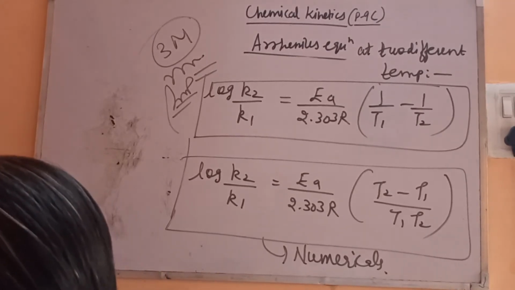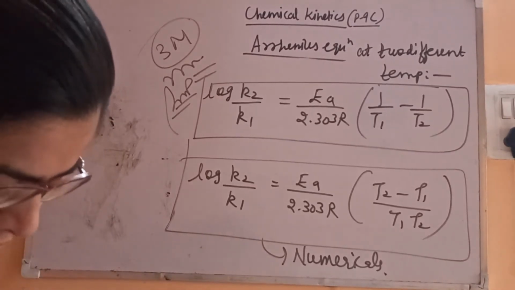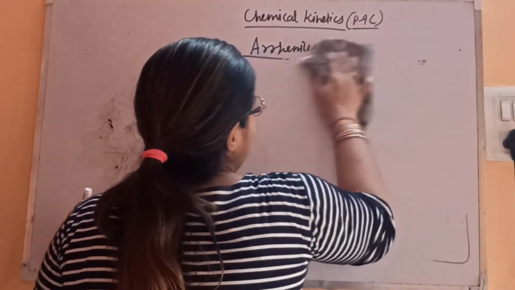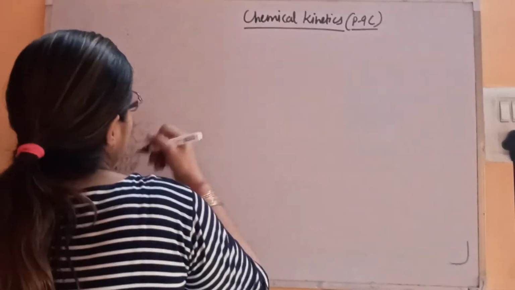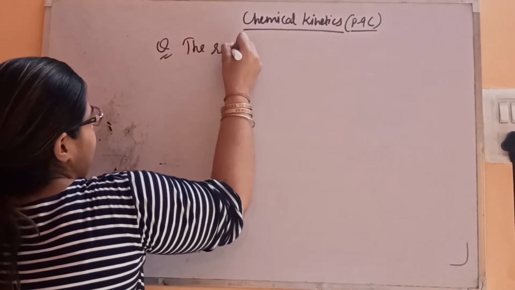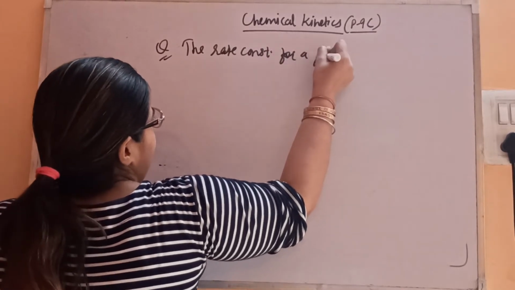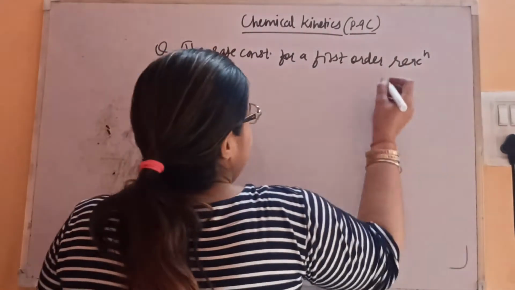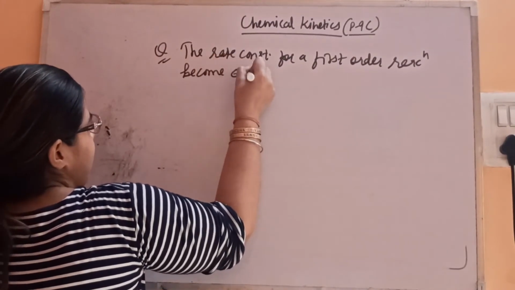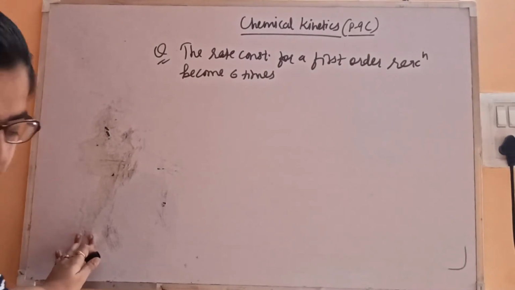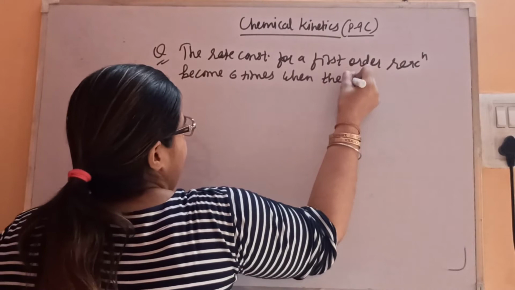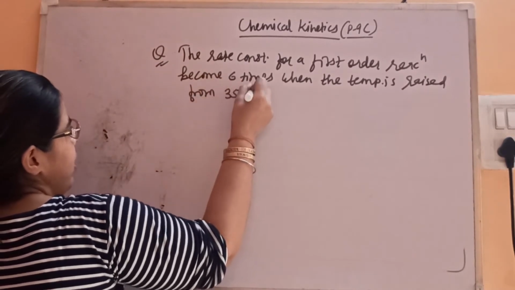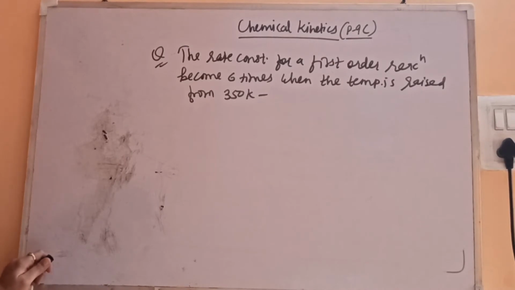Okay, let's take this one. The rate constant for a first order reaction becomes 6 times when the temperature is raised from 350 Kelvin to 400 Kelvin.